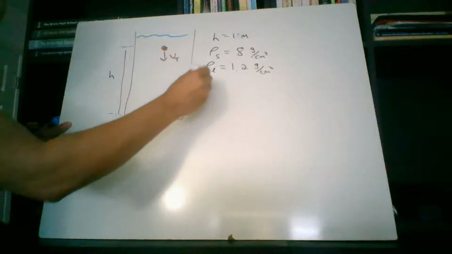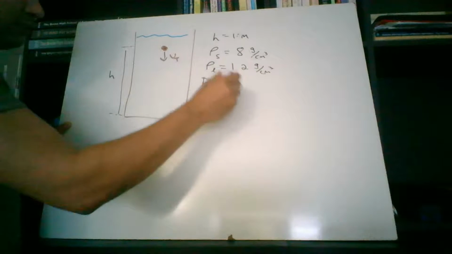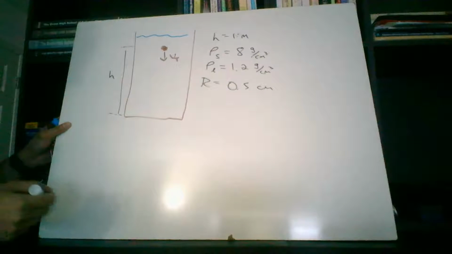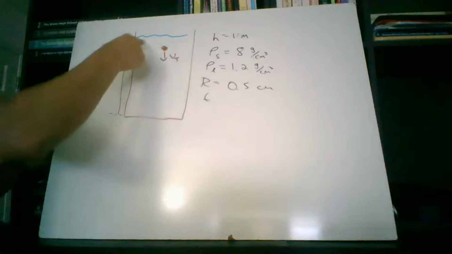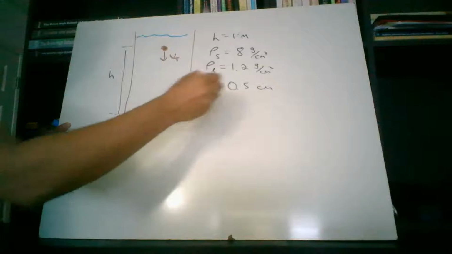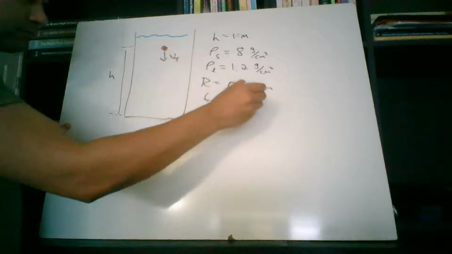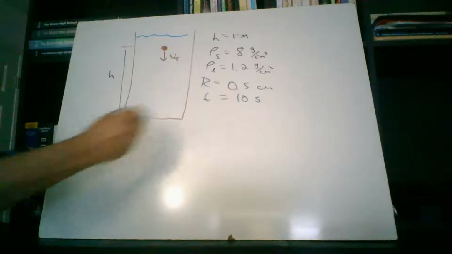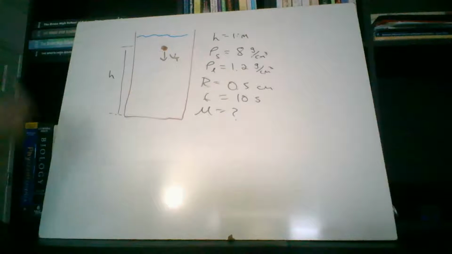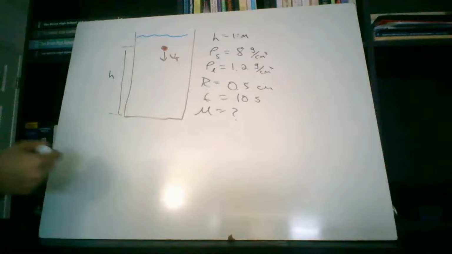The radius of the sphere is 0.5 centimeters. And finally, the time for this thing to drop is 10 seconds. So if we have that, what is the coefficient of viscosity, mu?